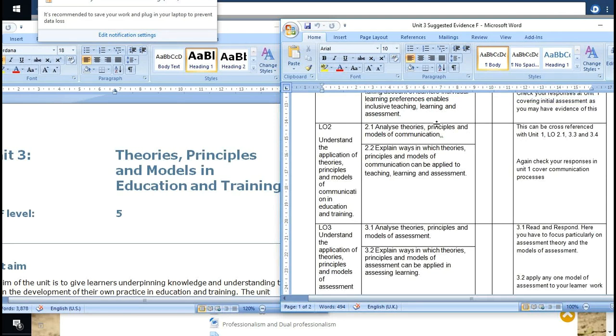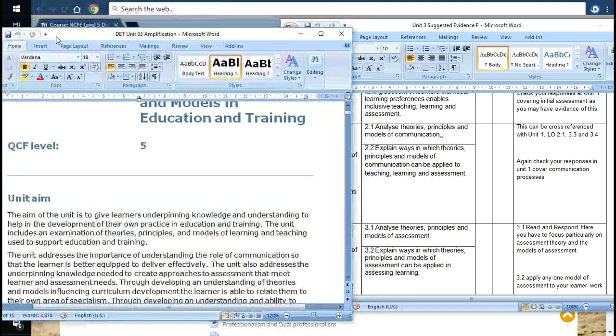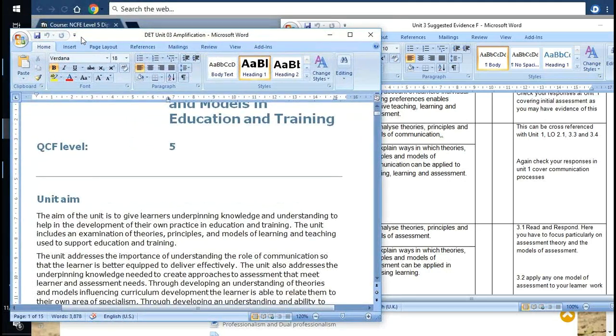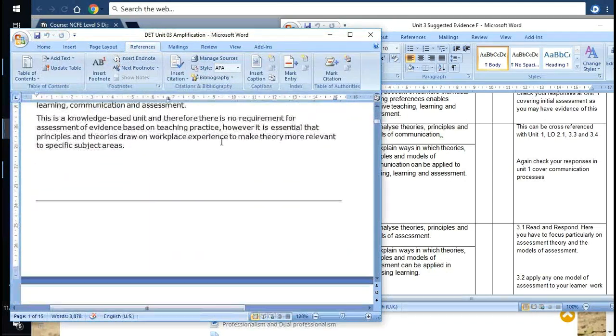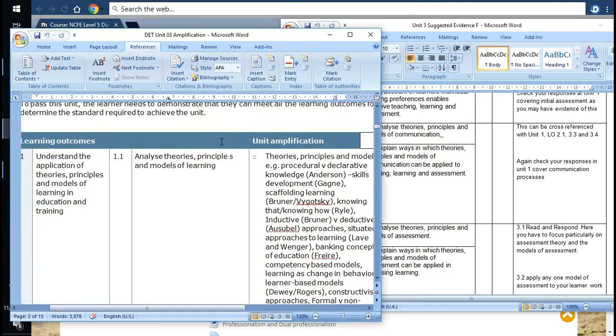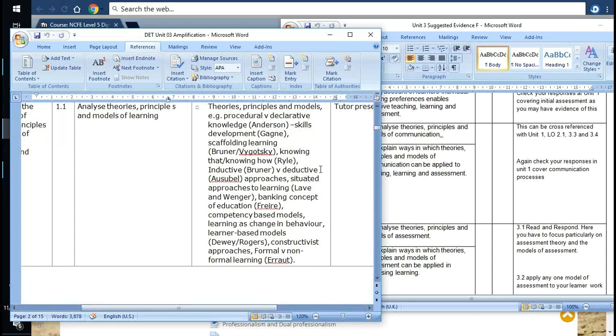Analyse theories, principles and models of communication. Partially cross-reference to Unit 1, 2.1, 3.3 and 3.4. If we nip on and have a look at this one now, it then gives you some of the ones to look at.